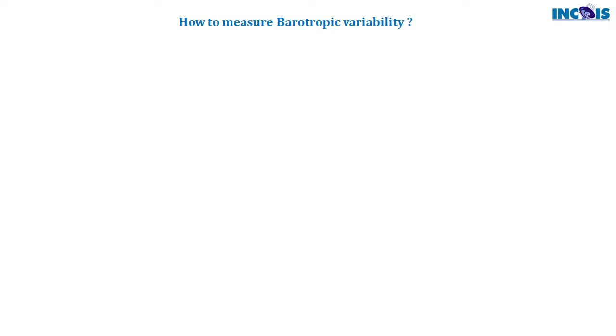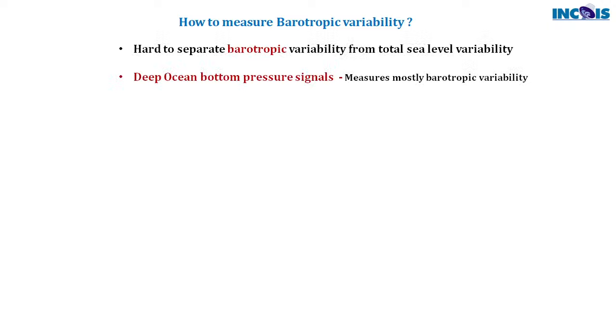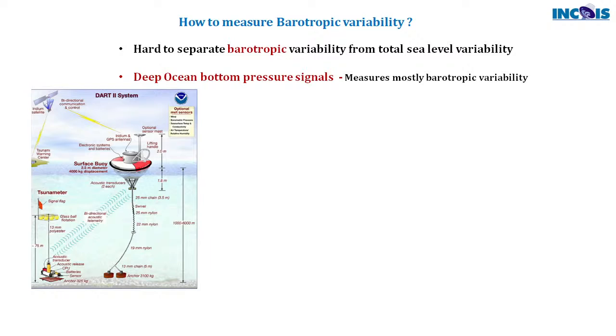But the main problem is how to identify it. It is very hard to distinguish barotropic variability from the total sea level variability. One way is to look for deep ocean bottom pressure signals, which in theory are dominated by the barotropic signal.